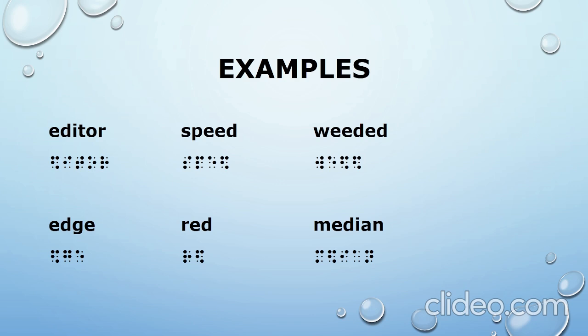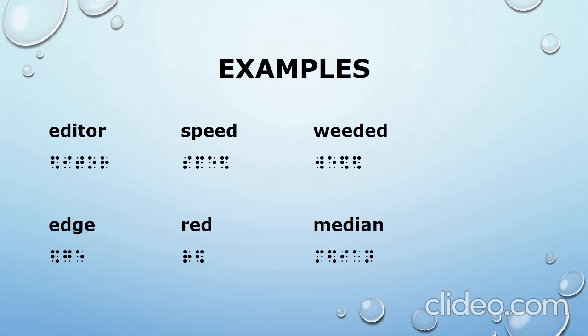Next is the word speed. Here we have 5 letters, S, P, E, E, D. The final 2 letters can be contracted because of the contraction of ED. So now we write speed with SPE and then the contraction of ED. Next we have weeded, spelled W-E-E-D-E-D.